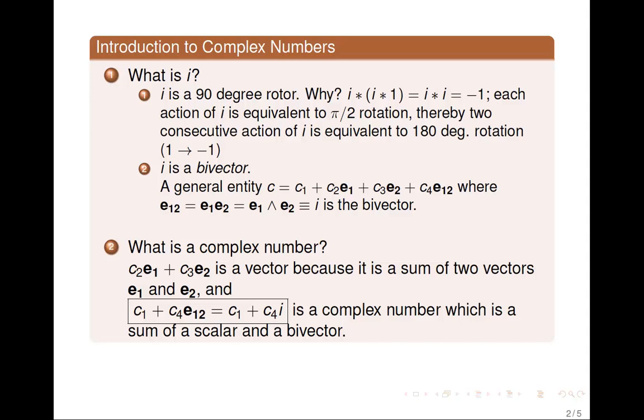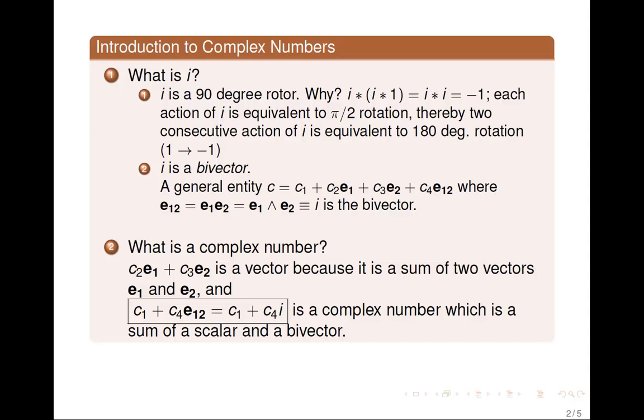That entity C can be written as a sum of 4 quantities: a scalar C1, a vector which itself is a sum of 2 vectors, E1 plus E2, and a bivector which is E12.